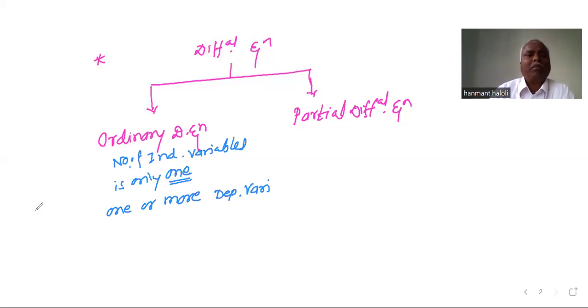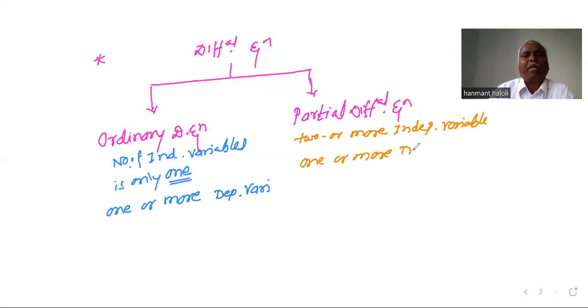Similarly, in partial differential equations, there are two or more independent variables, with one or more dependent variables.